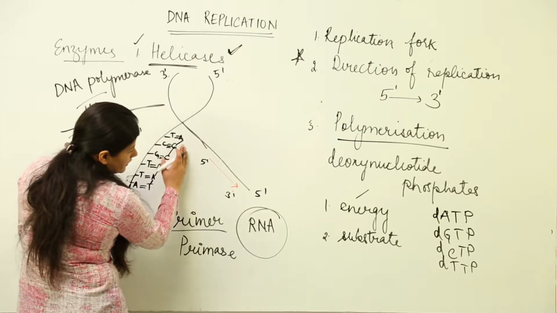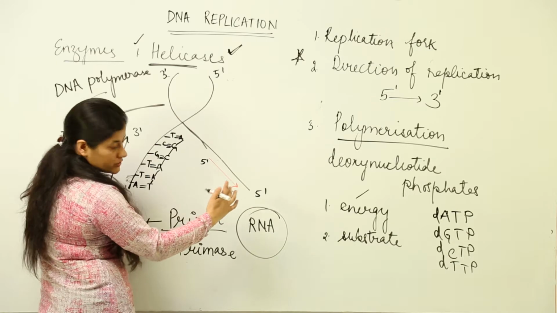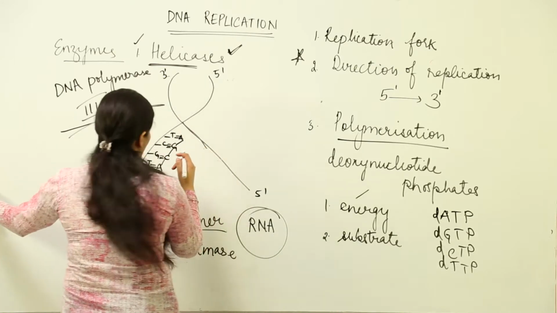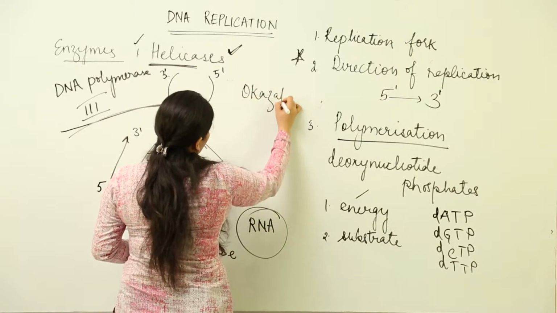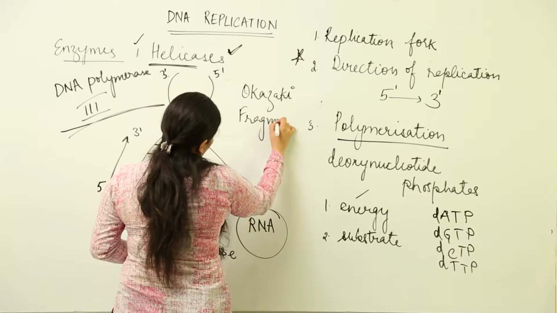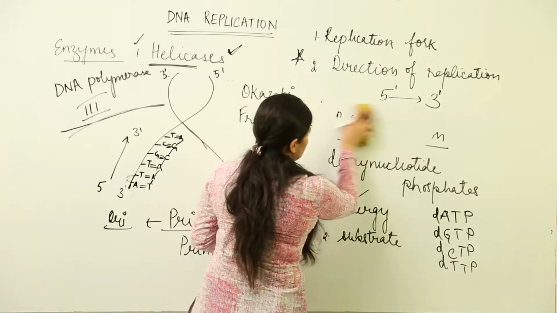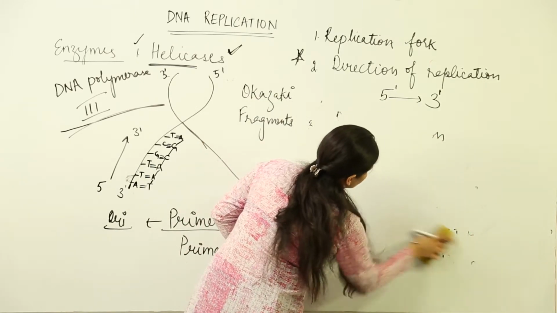In the same manner this opposite strand, but here the direction has to be opposite. Now what happens on this side is the formation of small fragments known as Okazaki fragments. The name is given in honor of the Japanese scientist who discovered these Okazaki fragments. Same way but opposite direction.